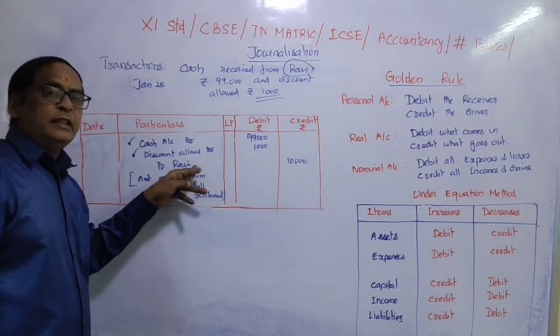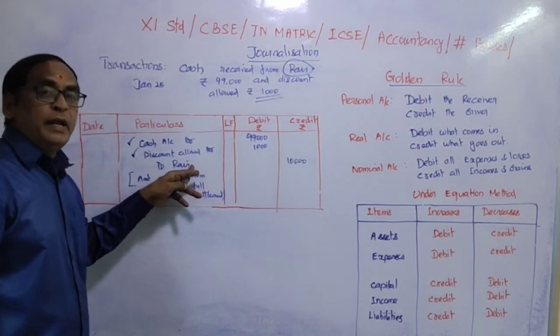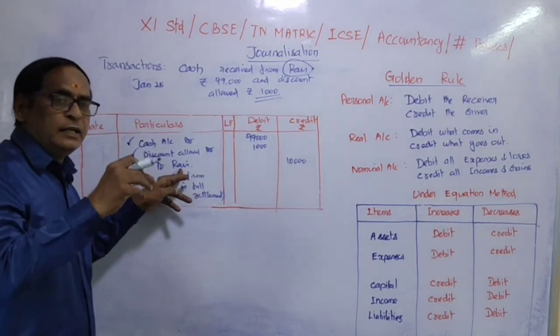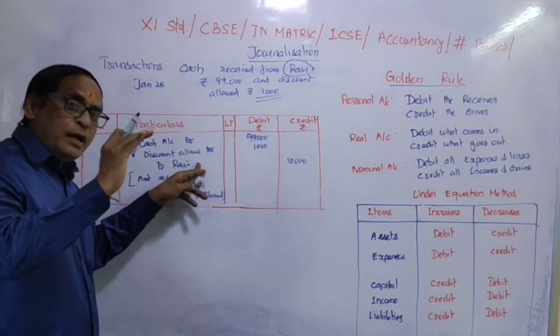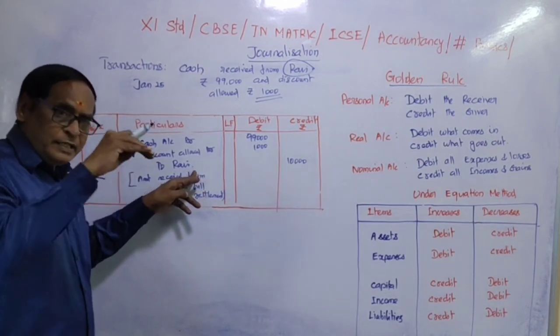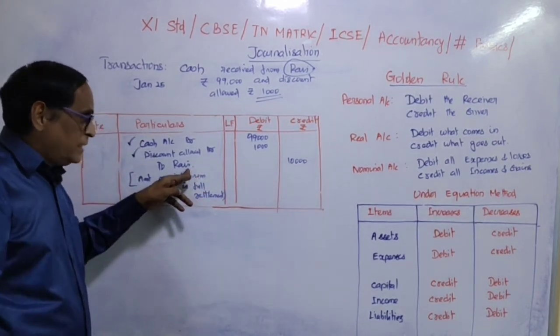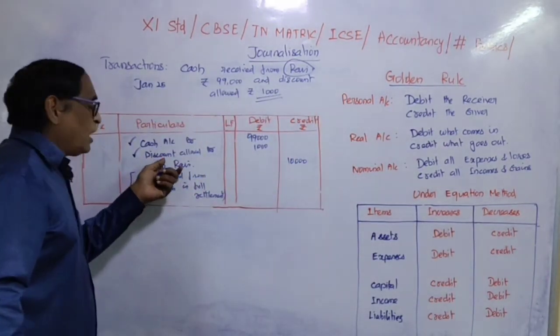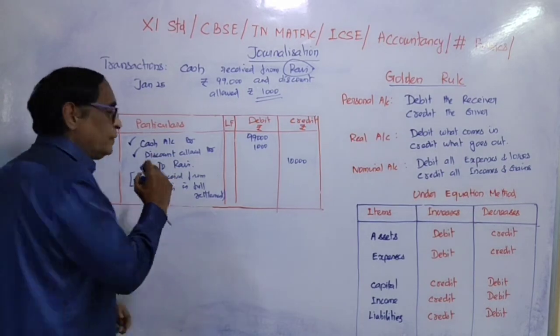Ravi is actually our customer, a sundry debtor, and a sundry debtor is an asset. Here sundry debtor is decreased, I mean asset decreased. If asset decreases, it should be credited. So Ravi account should be credited. Understand?